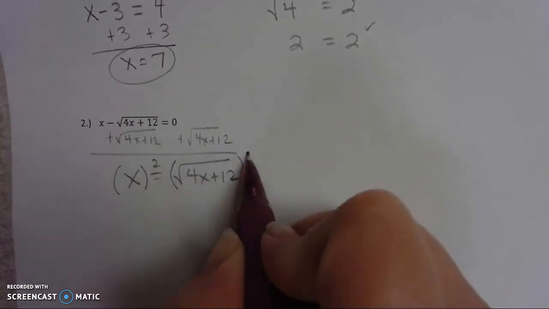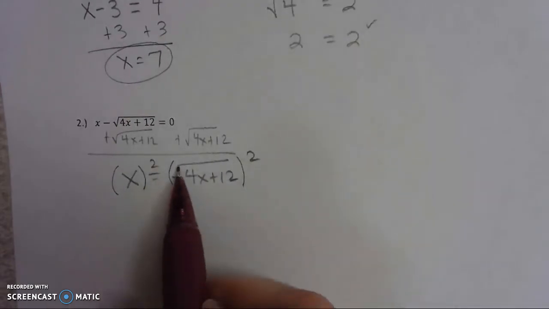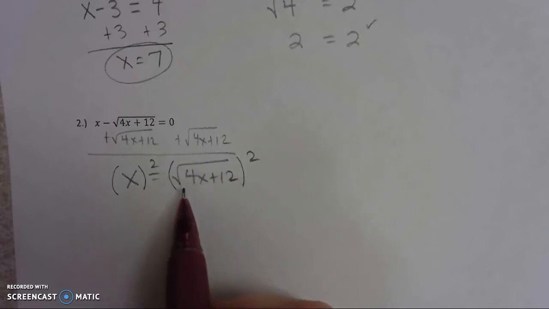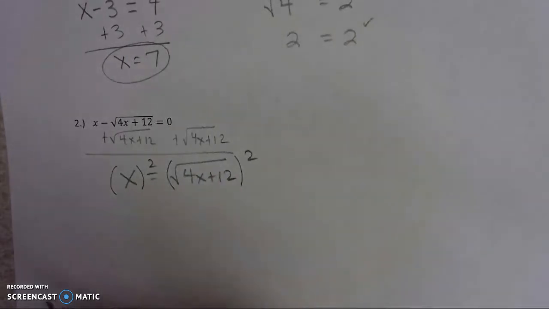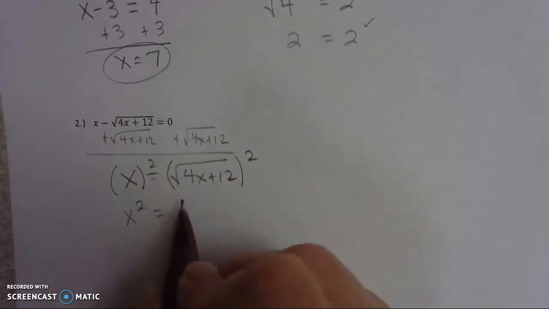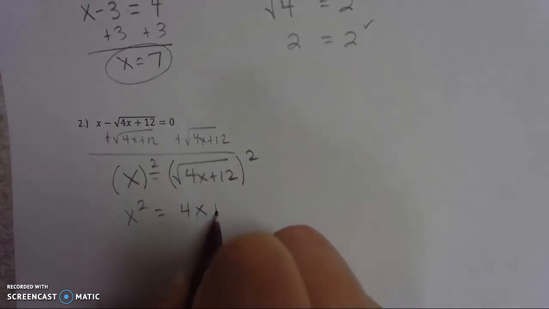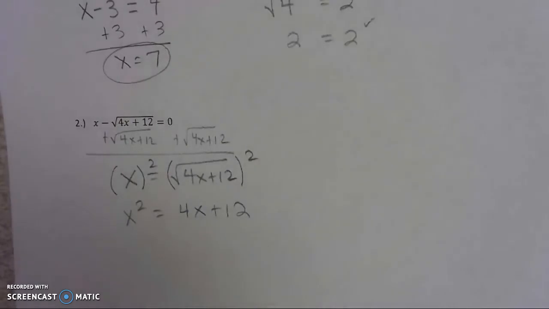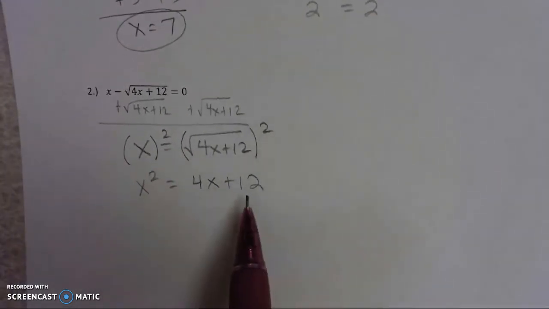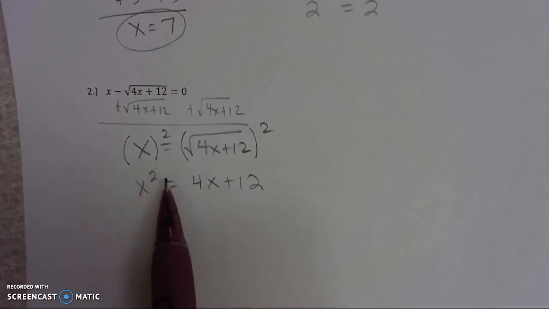And the reason I'm squaring it is because I want to raise it to a power equal to the index. When I do that, it removes the radical sign or cancels it out. So I'll be left with x squared equals 4x plus 12. Now that the radical sign has been removed, when I look at the equation, I can see that it is a quadratic equation.